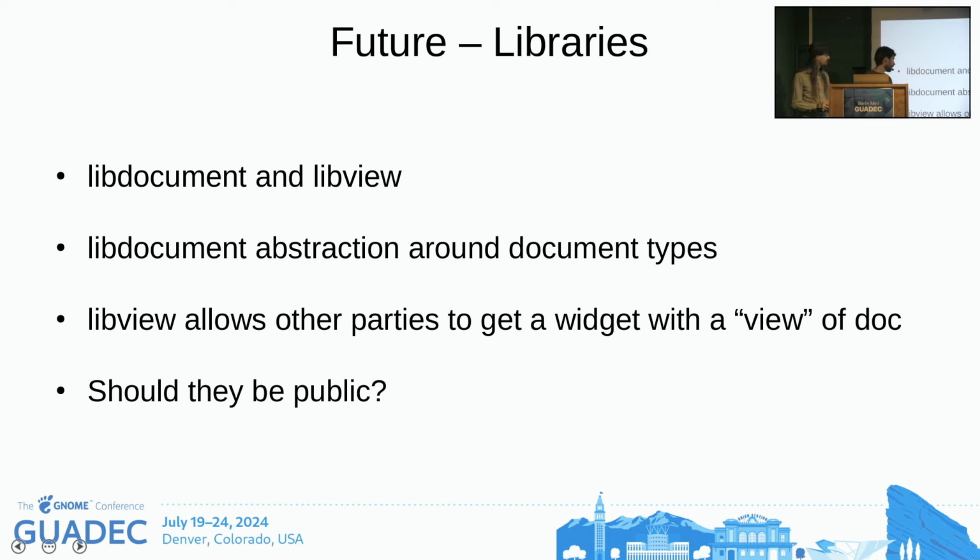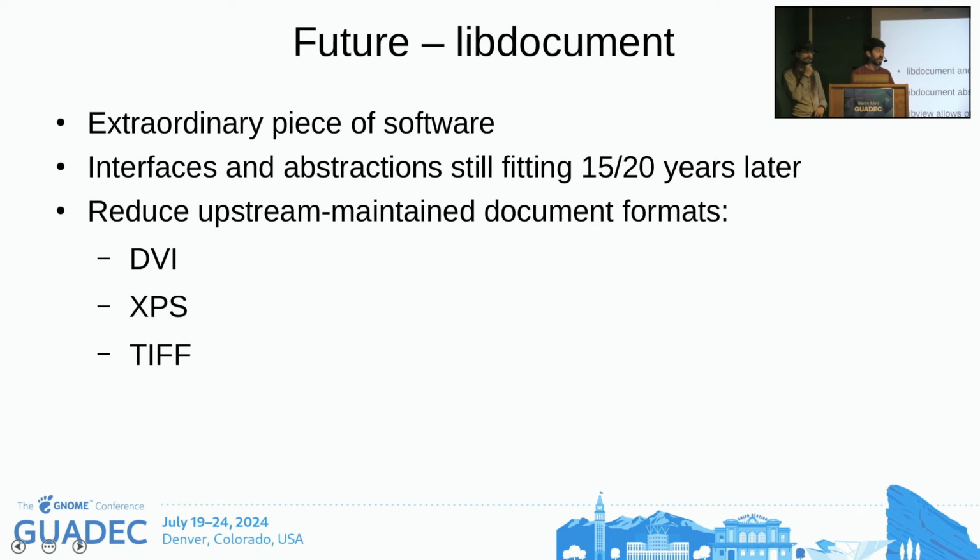And libview basically just allows other parties, for example Sushi, I don't think we have Cory here, to just get a preview of a document. We had another question that is possibly also rhetorical. Should they be public? I hope the answer is no, or at least not all of them. But for now, they are public and unstable, so we can see if somebody will actually ever use them.